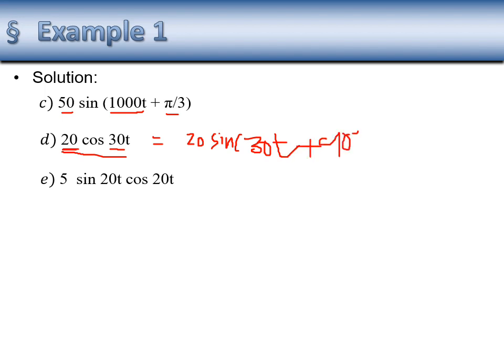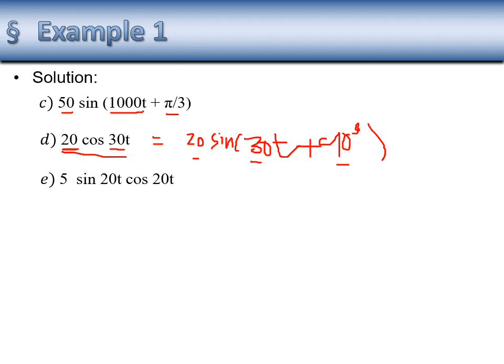Okay, 90 degrees. Sorry for that. So that will change the phase angle, and the phase angle has 90 degrees. But take note that the amplitude and the angular velocity omega are still the same.